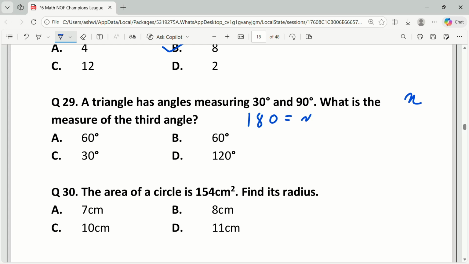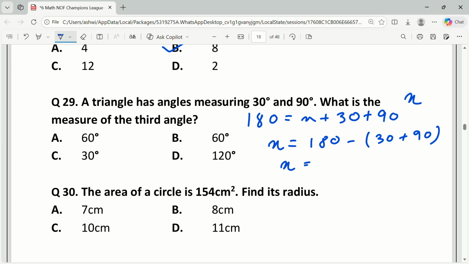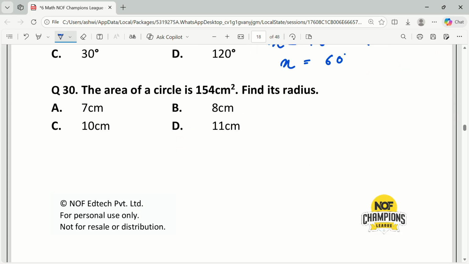So, 180 is equal to x plus 30 plus 90. Solving for x, we have x is equal to 180 minus 30 plus 90. That is x is equal to 60 degrees. Comparing with the options, the answer is B, 60.